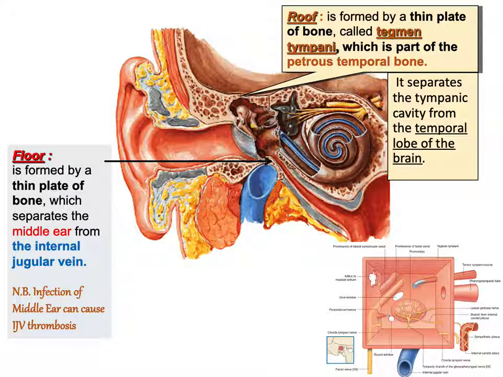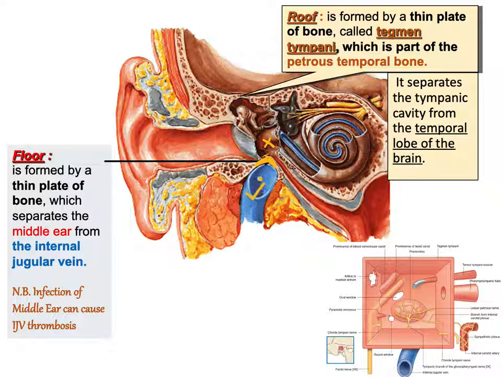So, the floor of the middle ear, of this cavity, is formed by this plate, in which this thin plate separates the middle ear from the internal jugular vein, right?